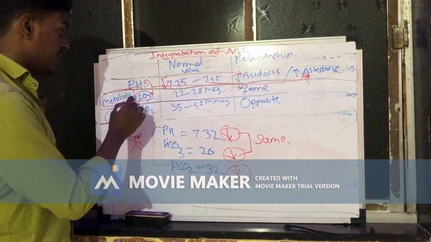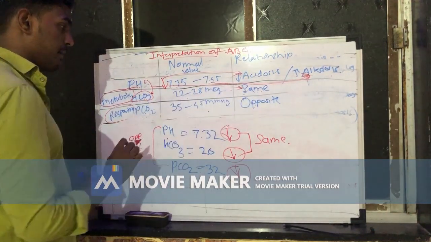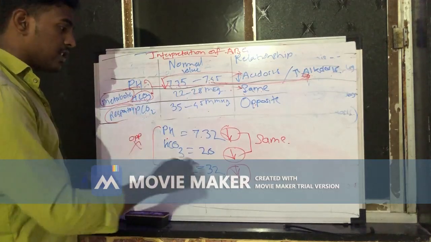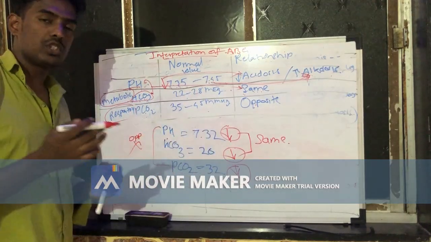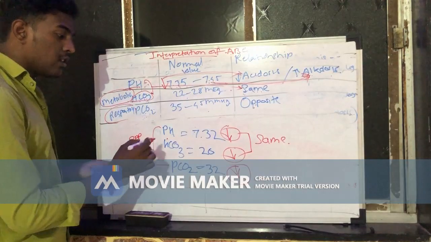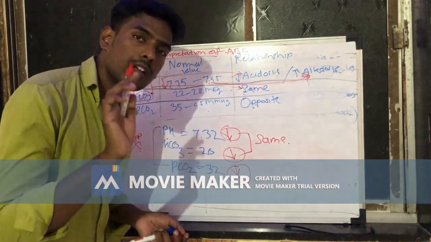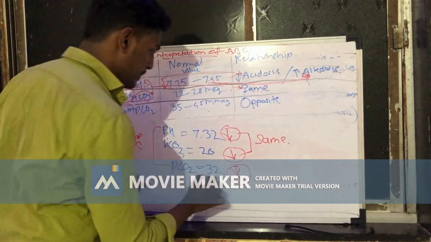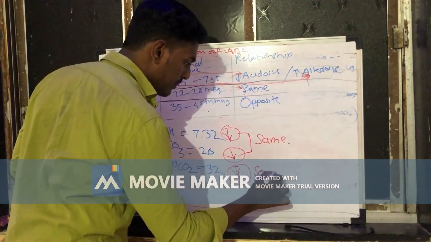So the chart says pH and HCO3 have the same relationship, and that is there. pH and PCO2 should have an opposite relationship, but it's showing the same. Then we do not consider PCO2 as the primary component. He is a secondary component.